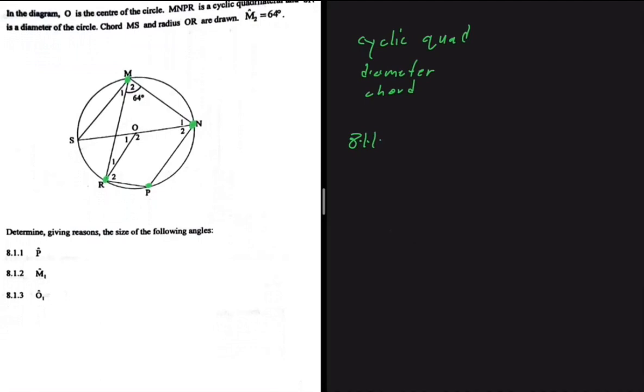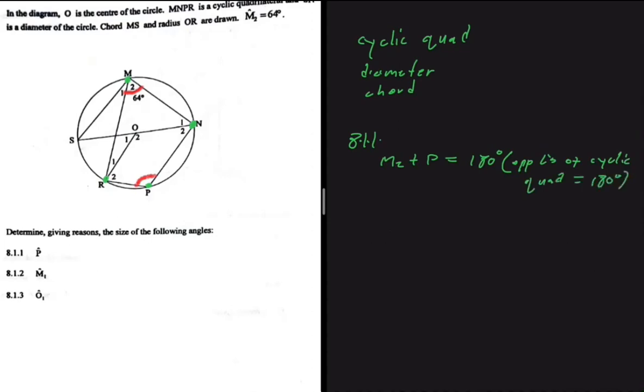And then we start with P, right? P is this angle here. But because we know that MNPR is a cyclic quad, then P plus M2 should be equal to 180 degrees, right? That's a property of a cyclic quad. Opposite angles of a cyclic quad sum up to 180, right?